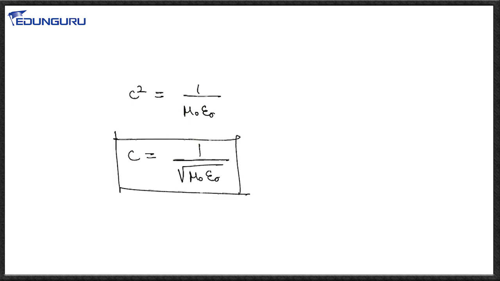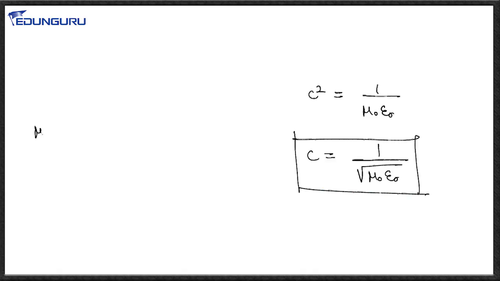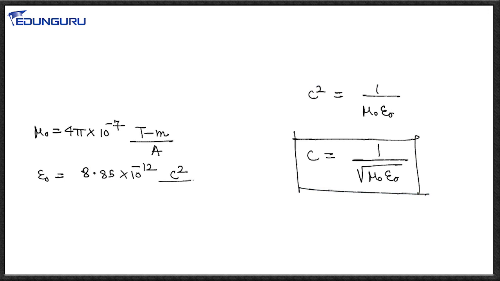On substituting the values of mu naught and epsilon naught, we have the values also, right? Mu naught is equal to 4 pi into 10 to the power minus 7 Tesla meter per ampere, and epsilon naught is equal to 8.85 into 10 to the power minus 12 Coulomb square per meter square Newton, right?